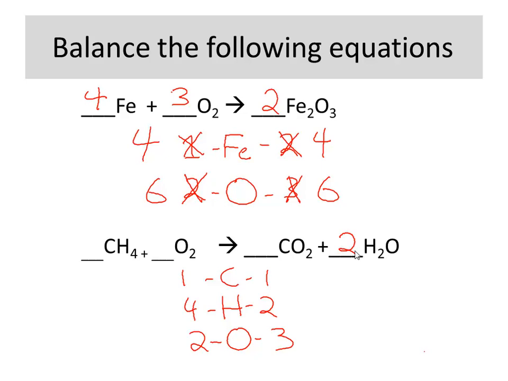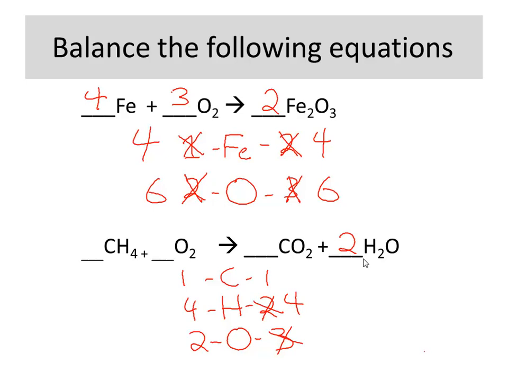Now I have 4 hydrogens. Am I a balanced equation yet? No. What else does this change? Not only does this change the hydrogens, it also changes the oxygens here. How many oxygens do I have total on my product side? 5 now.